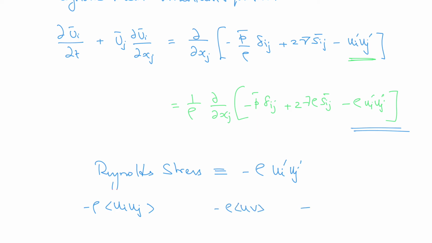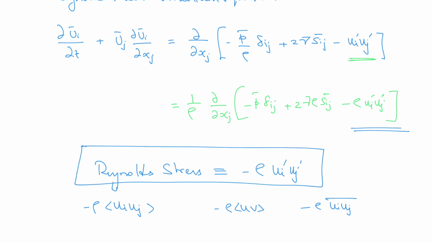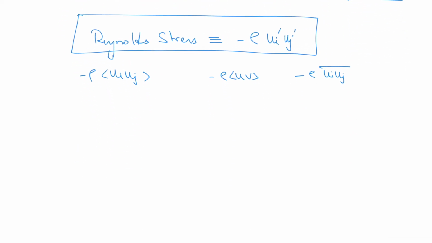Some people write minus ρ ui'uj' with an over bar. So there are different notations. You need to follow only one notation so that you will not lose track of these things. Once you know what this Reynolds stress is, we can expand the matrix, and then we can start inferring information out of this Reynolds stress.